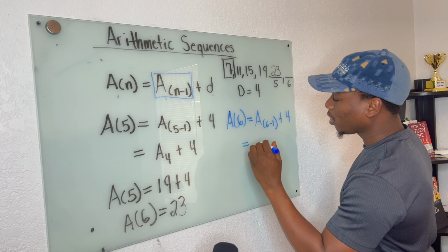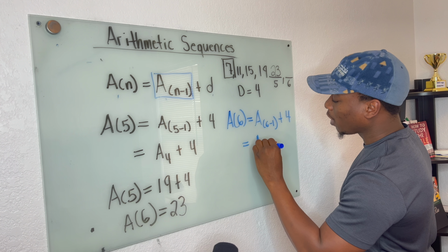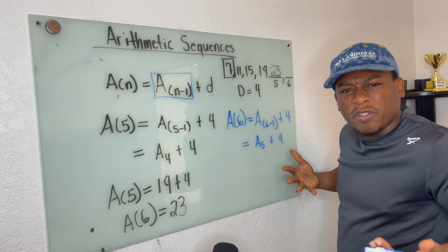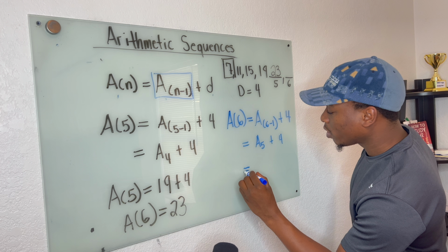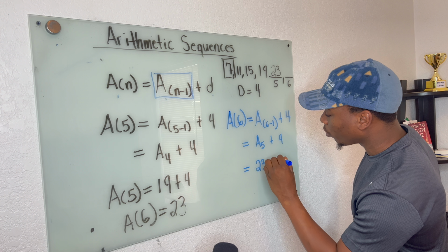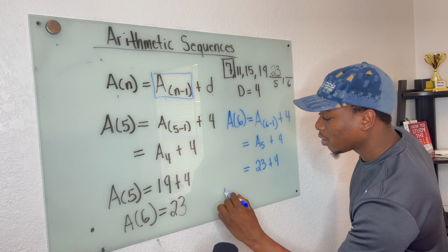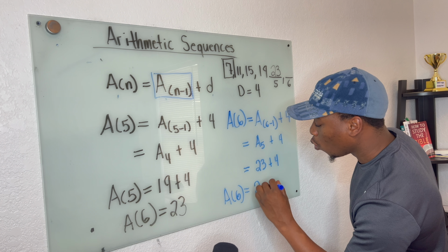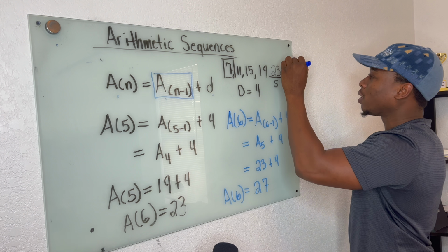So a of 6 is going to be equal to a of 5 plus 4. The fifth term is 23, so we're going to add 23 to 4, and that gives us the sixth term in the sequence, which is 27.